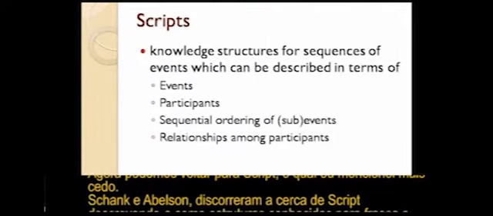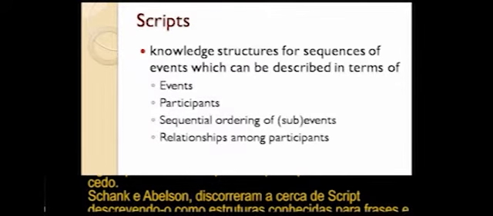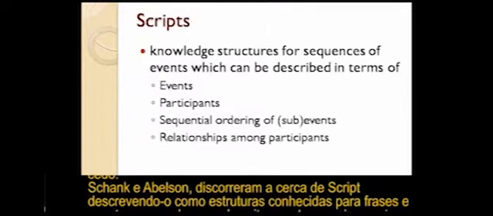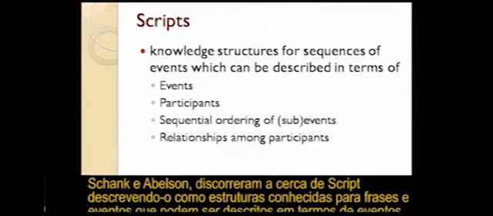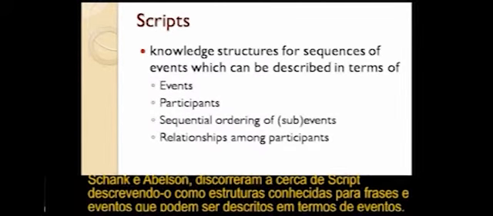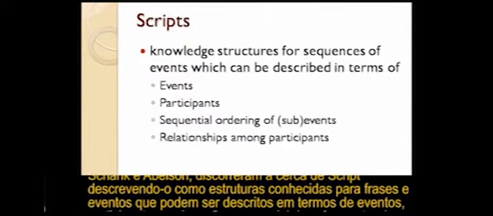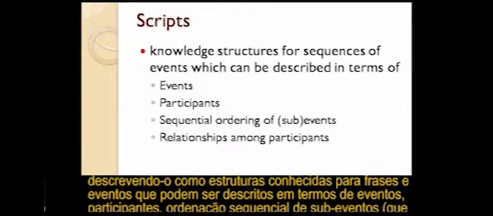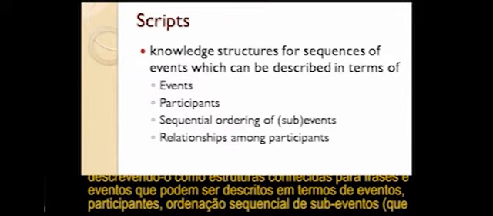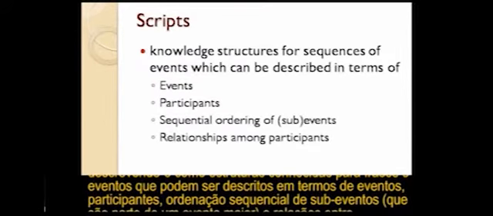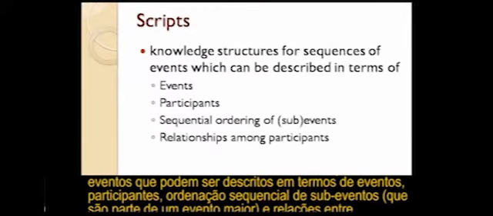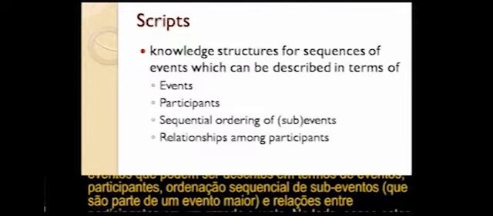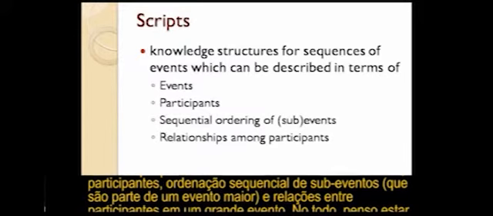Schenck and Abelson talked about scripts as knowledge structures for sequences of events which can be described in terms of events, participants, sequential ordering of sub-events that are part of the larger event, and relationships among the participants in the larger event.